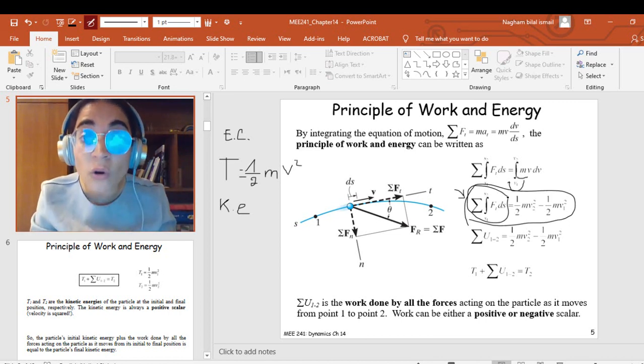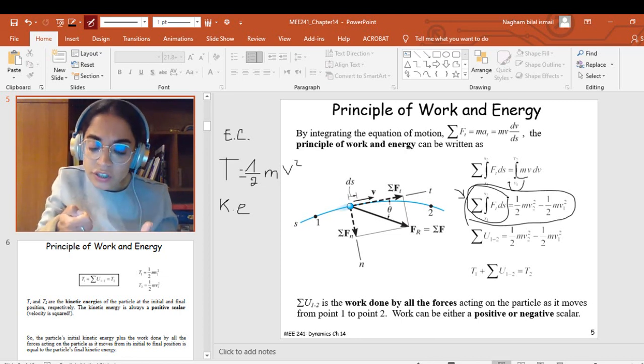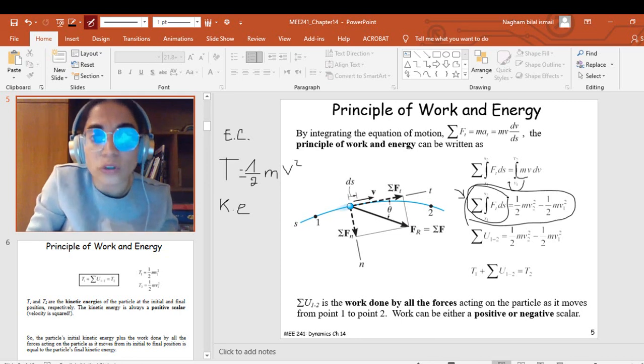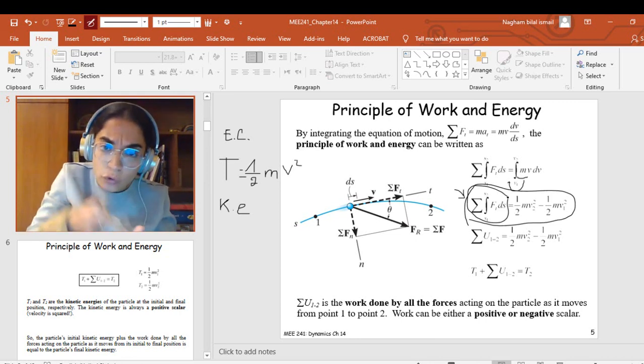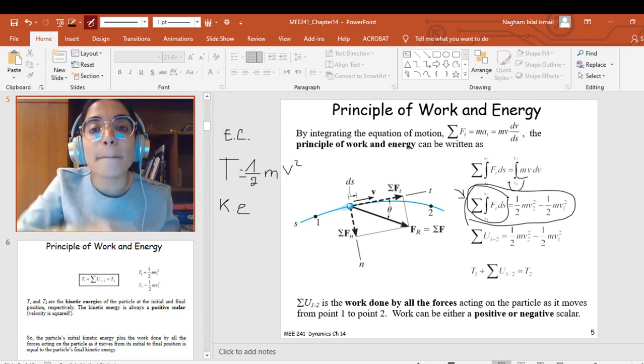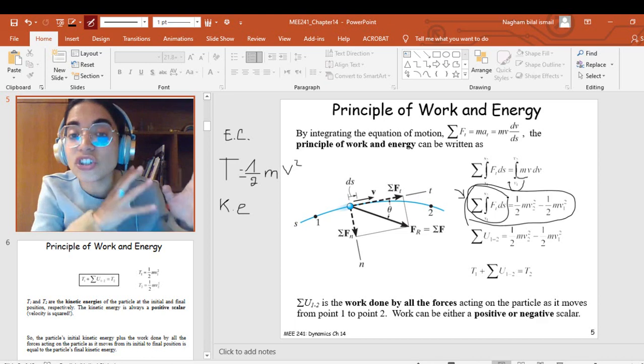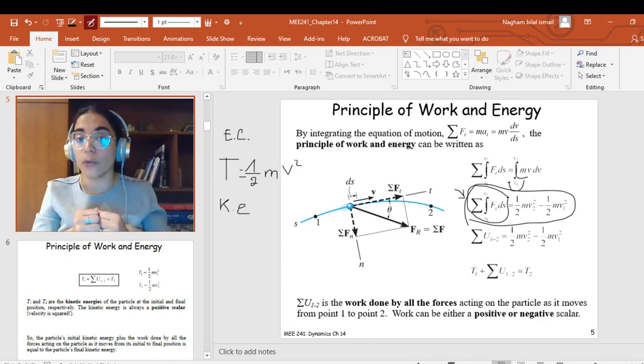So the work is also an energy. It is called a work because this is the work of a force. If this force has a work, then this force will do some displacement.